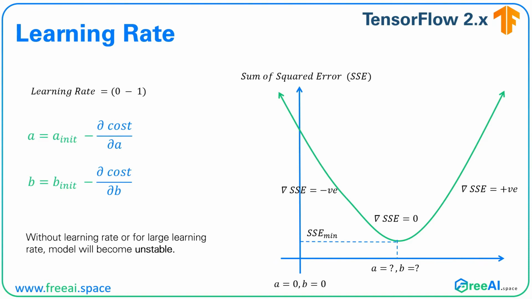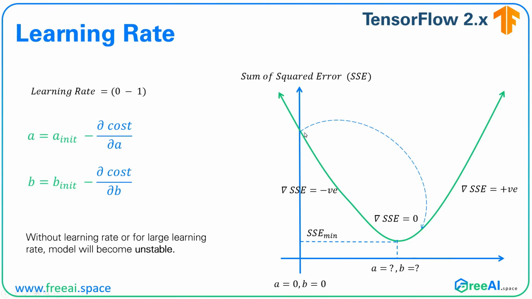Something like this. Let's say we start our value somewhere around here, and we might have larger jumps somewhere here without using the learning rate. Initially your algorithm seems to be converging, but it may not converge. Initially, for a few iterations, the algorithm seems to converge.